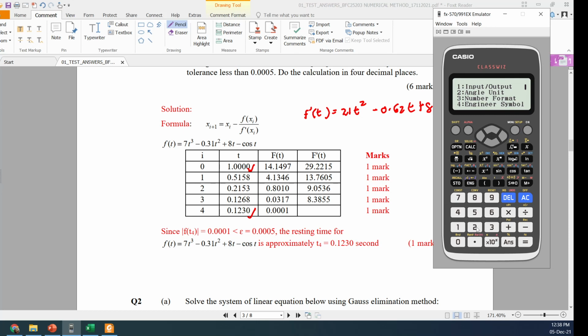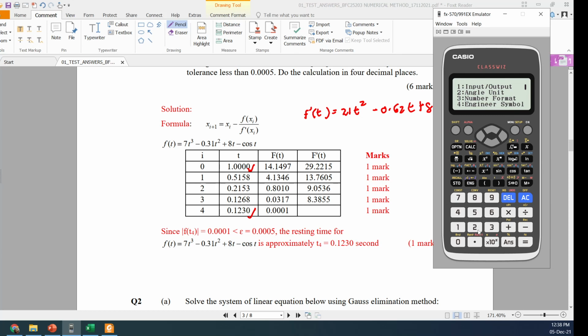Unless the first person made the mistake and the rest of you copied and got the same mistake. No wonder. 13.9602. In the beginning of the class, I already advised you that you can always set it in radian.